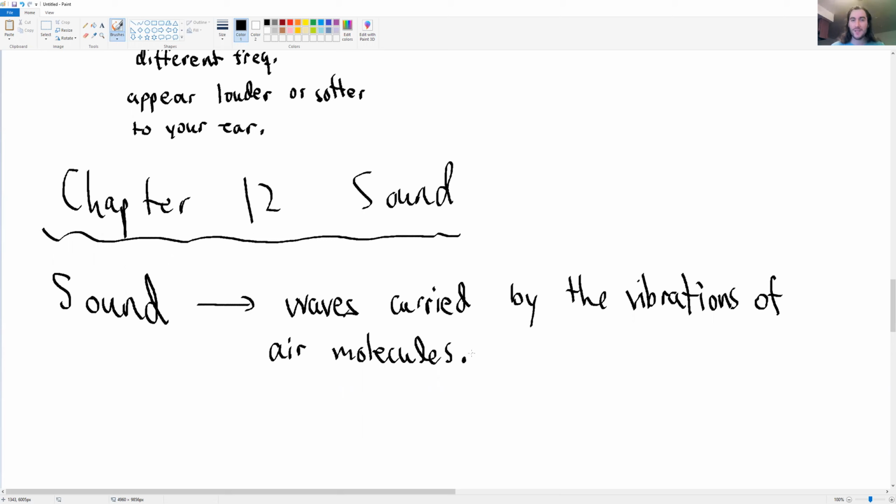There is a bit of an atmosphere on the moon, but it's very low density, and so the sound waves wouldn't be able to travel in that medium. So if you call out to your partner on the moon, they're not going to hear you. You have to use some sort of radio communication, so wireless communications.